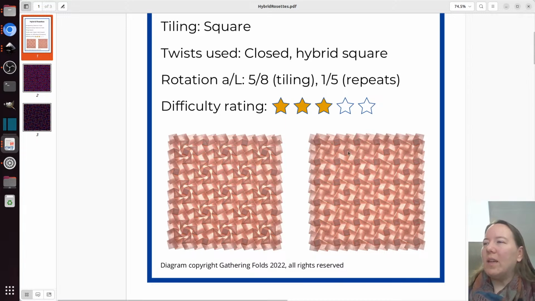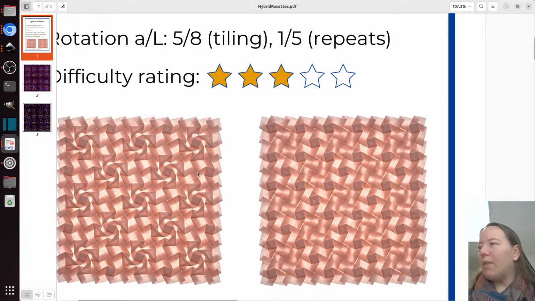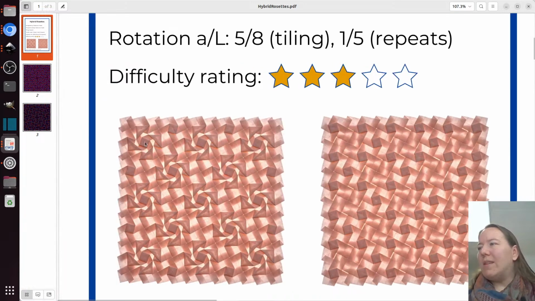And in this particular folding of it, you can see that I did have those repeats aligned diagonally relative to the edge of the paper. So this is an example of how that looks in practice.